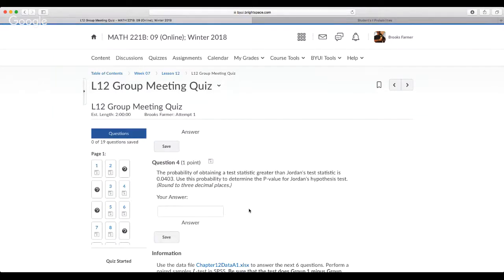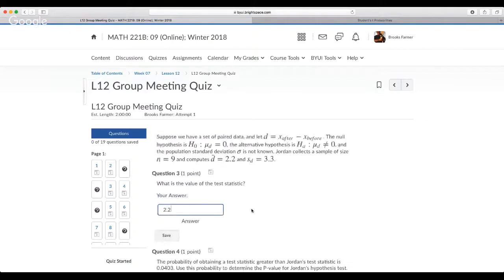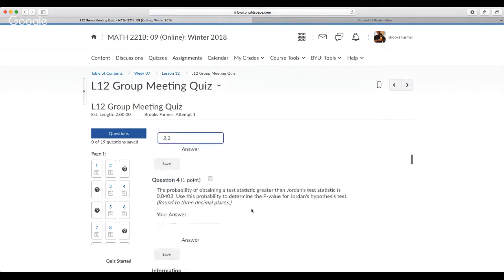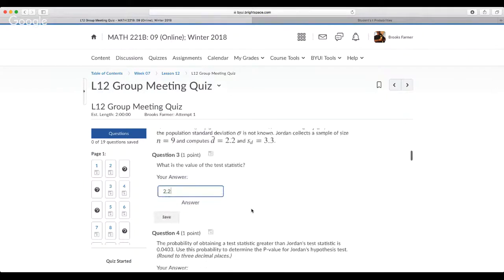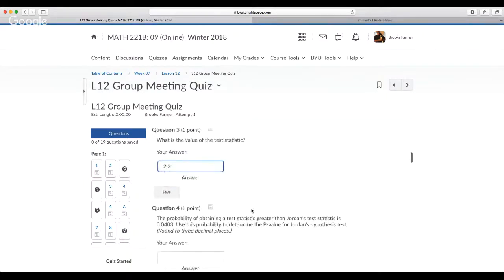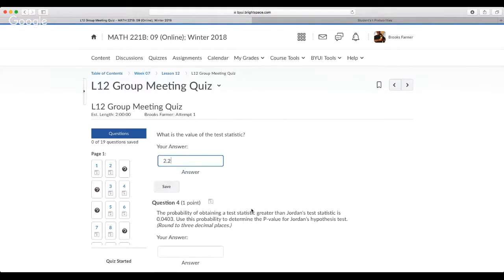Use this probability to determine the p-value for Jordan's hypothesis test. So would we use the application output then?